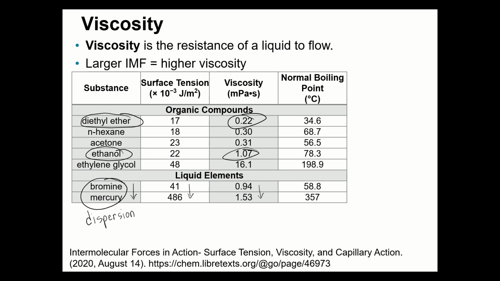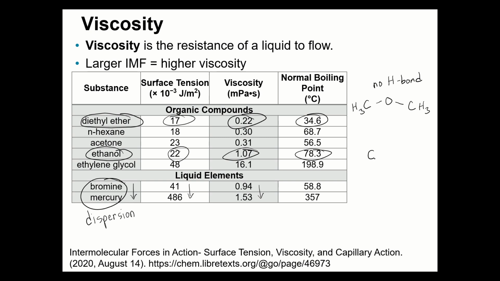You see that viscosity going up as well as your boiling point, and as well as your surface tension. The reason why is because diethyl ether, remember, is going to be the oxygen between two carbons, and so there's no hydrogen bonding.